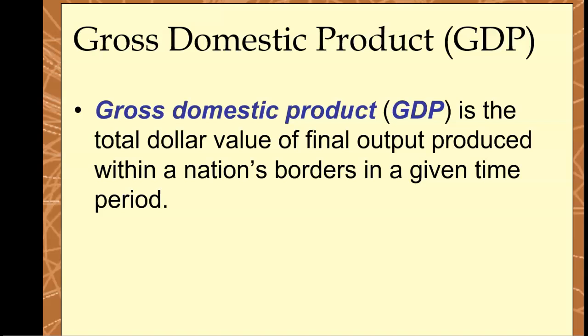What we do is we want to count the units produced within a nation's borders, but we want to give each unit weight for the activity it took to bring that unit to market. This is why we look at the dollar value of the final output.